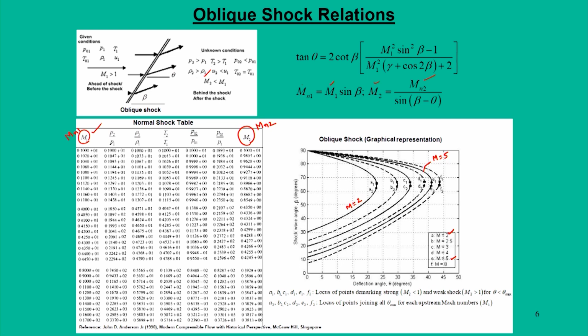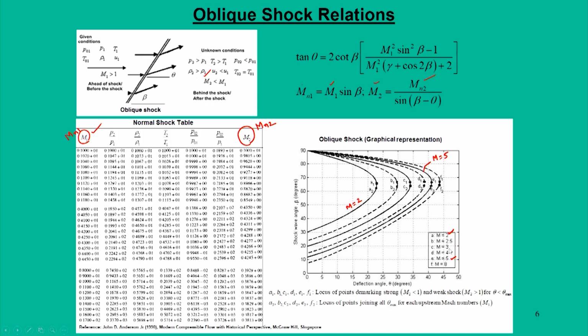So, how to use this curve? For example, instead of looking into a complicated trial and error method for solutions, for a given problem normally the flow deflection angle is given and the Mach number is given. So, we can choose a particular Mach number.